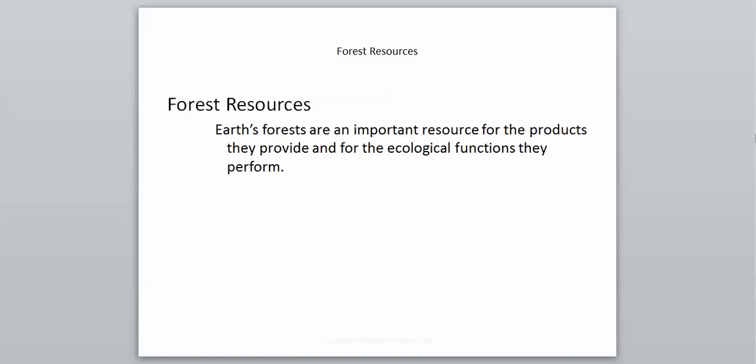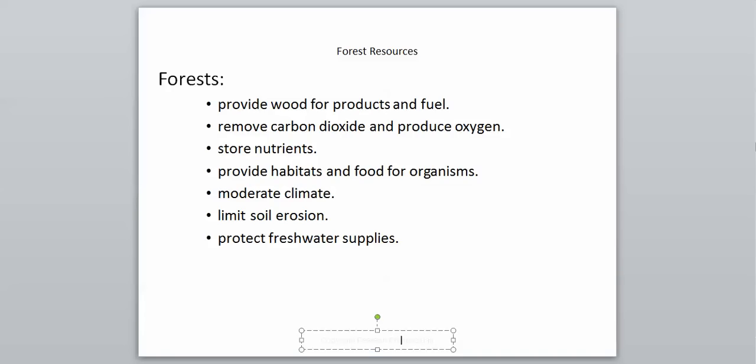And so another big resource that is going to come into play is our forest resources. Earth's forests are an important resource for the products they provide and the ecological functions they perform. Forests help us produce things, like wood for our houses, and they are also home to all of our natural wildlife that we need to keep around. So forests do a lot of things.